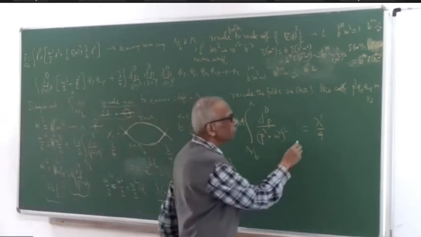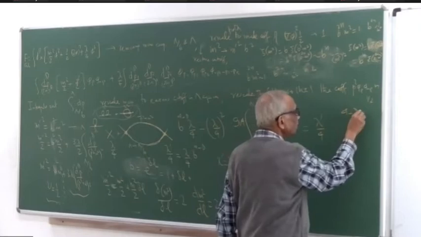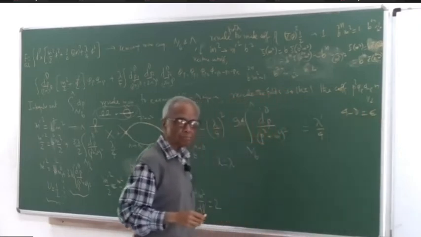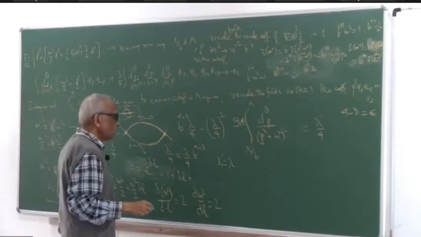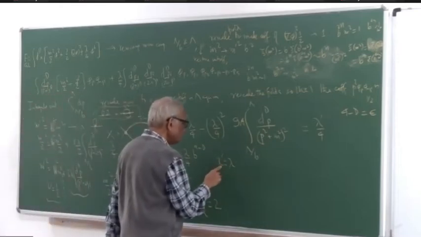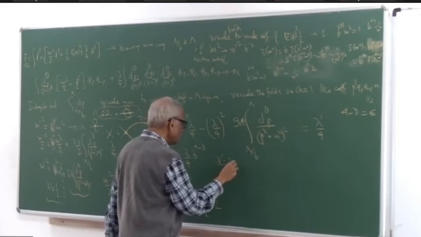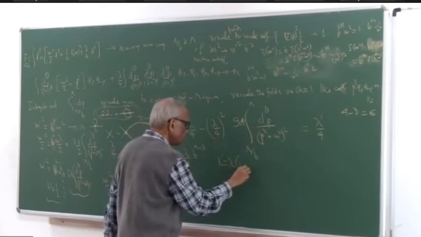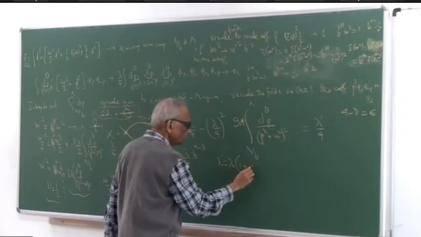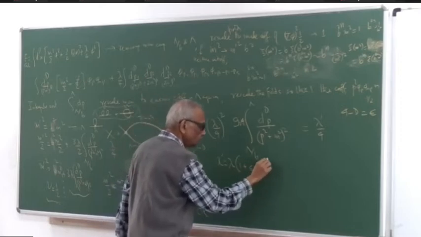You call 4 minus d epsilon, and then lambda prime is equal to lambda into 1 plus epsilon log B.